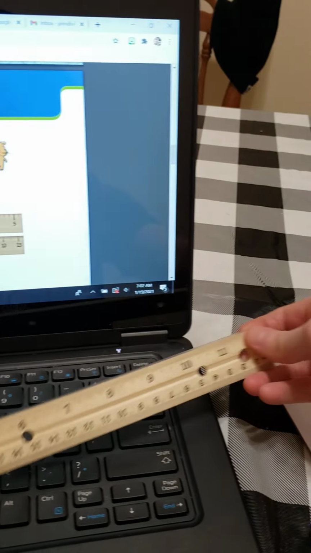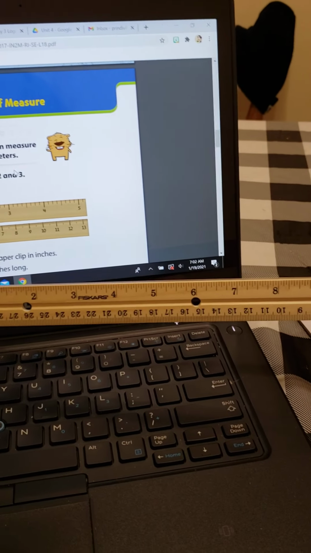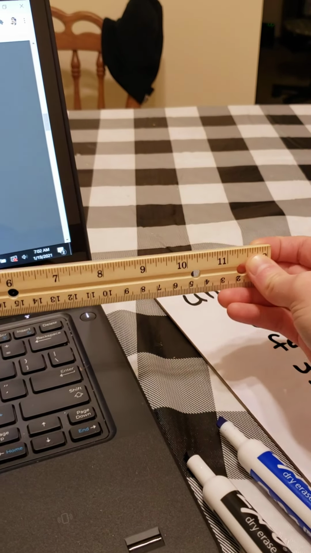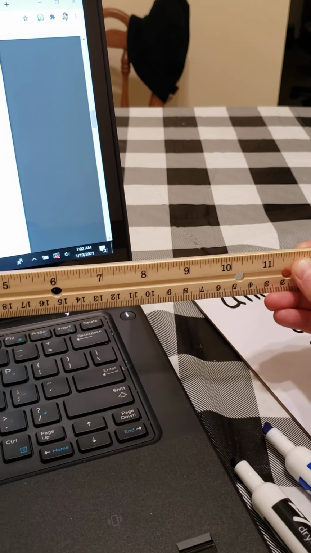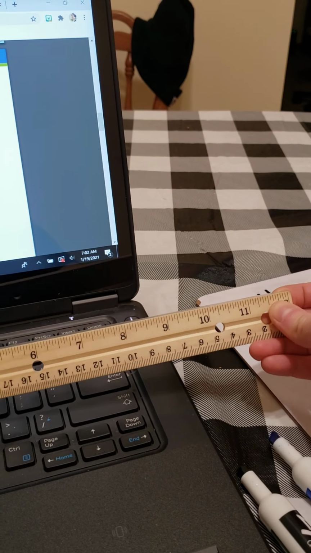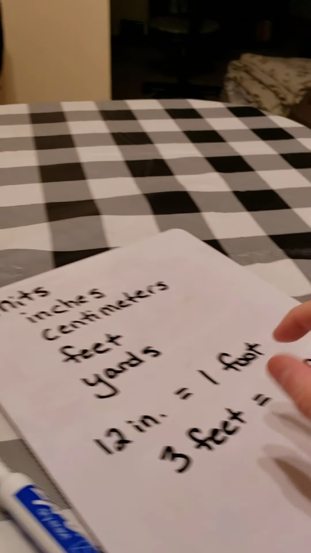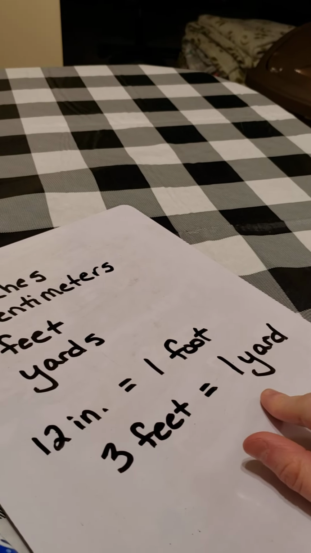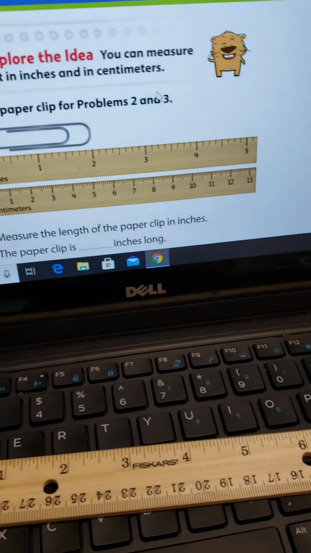And remember, I showed you last week, if I have one of those really long yardsticks, I can stack 3 rulers end to end. And 3 of these rulers equals 1 yardstick. So that means 3 feet equals 1 yard. Okay?